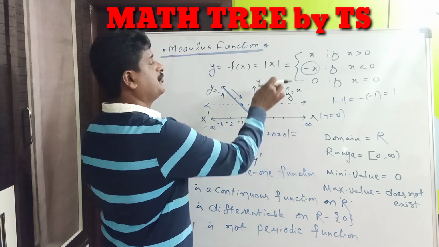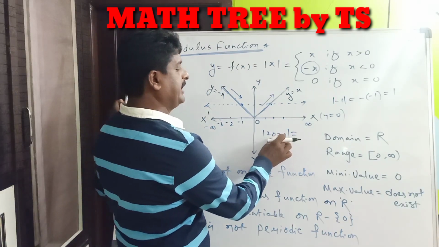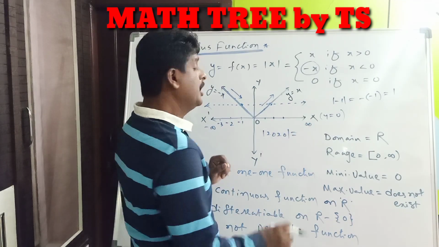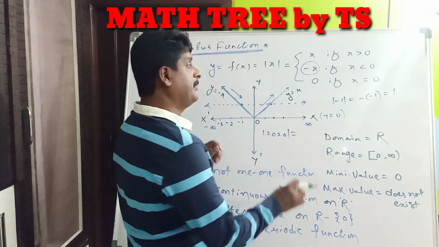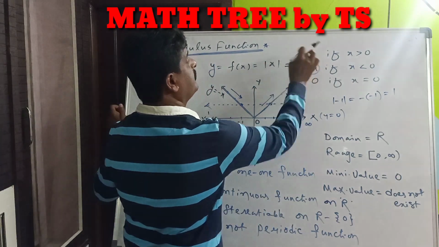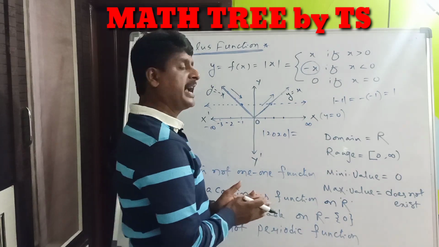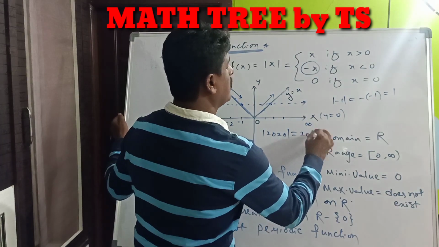Modulus of 2020 is looking like modulus x. Instead of x, I considered here 2020. 2020 is a positive real number, that's why it goes to the first case. In the first case, mod x will come out as x. Whichever x lies inside the modulus bracket, as it is will come out.